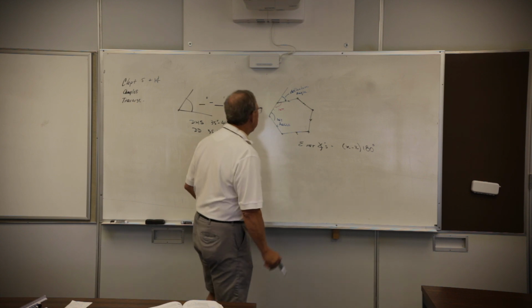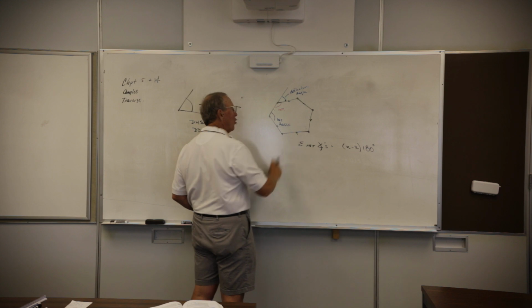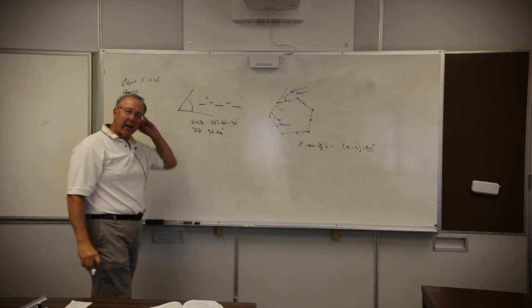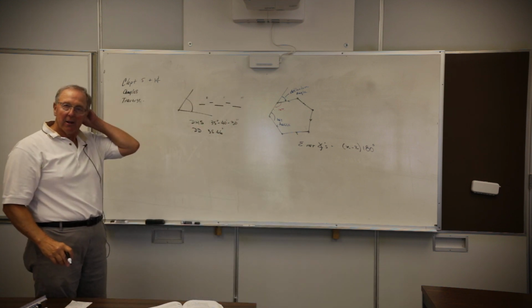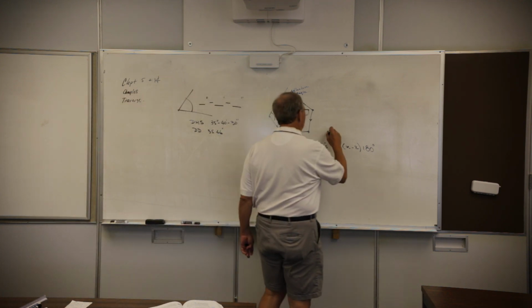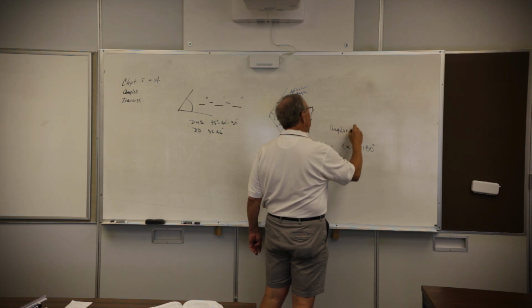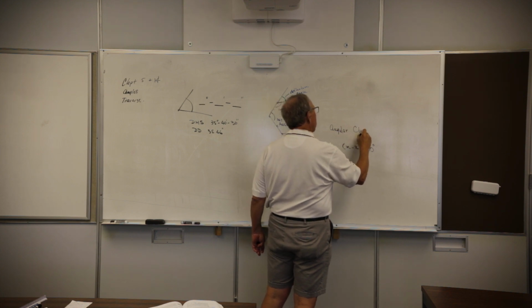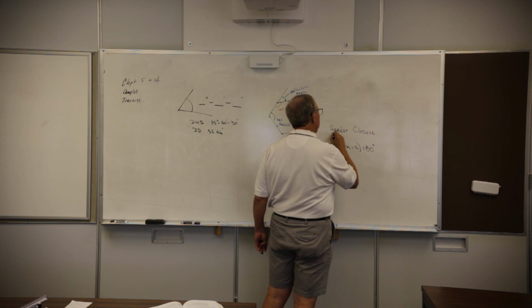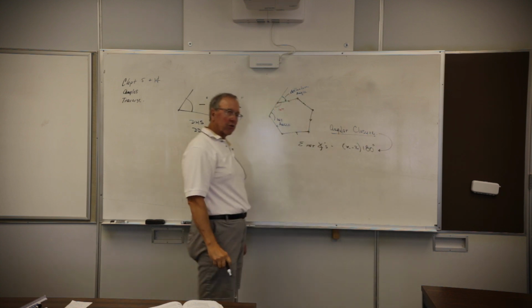So I'd expect, if I added up all these interior angles, for it to close angularly, it has to have 720 degrees. So this is called angular closure. We have two types of closure, angular and dimensional. That's the formula for angular closure.